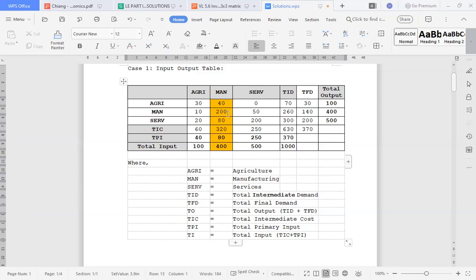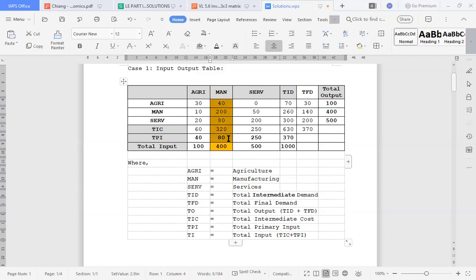Again, it is used as an intermediate input. 80 billion is from the services sector, and 80 would be coming from other sources, including import, labor, and capital.